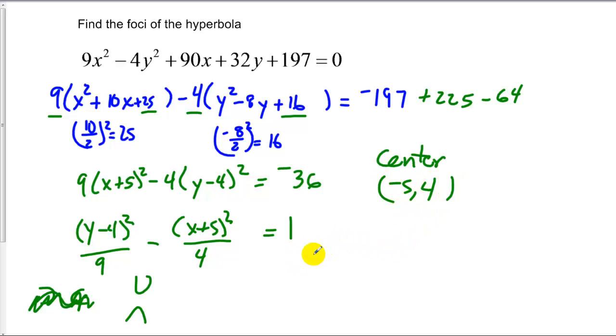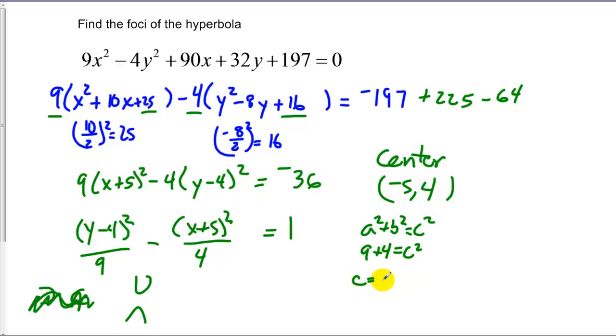I need to find my foci, which means I need to take my a term, which is 3, and my b term, which is 2, and use the relationship of a squared plus b squared equals c squared, giving me 9 plus 4 equals c squared.